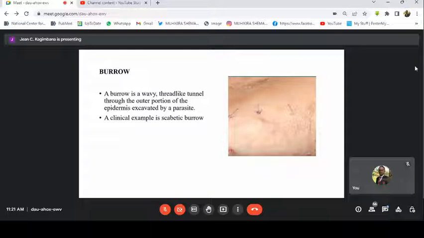Then it creates a burrow, a tunnel, like here. Then when you scratch this area, you may observe it under microscopic examination, under KOH 20 or 25%. When you describe this as a burrow on the skin, a doctor will always think about scabies.